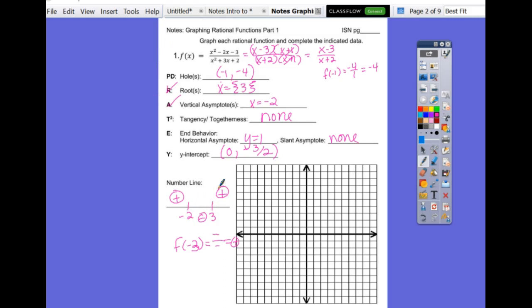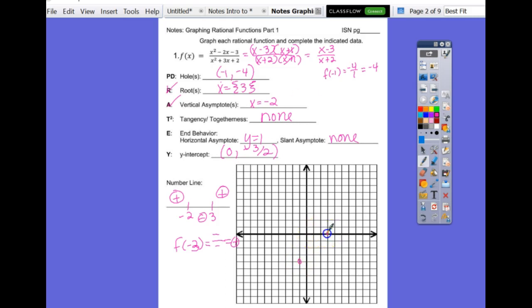So now we're going to do the graph part, and we're going to talk through the graph. What I'm going to do, before I do anything, is go through and put all this stuff on the graph. The first thing, I have a hole at -1, -4. The next thing I have is a root at 3.